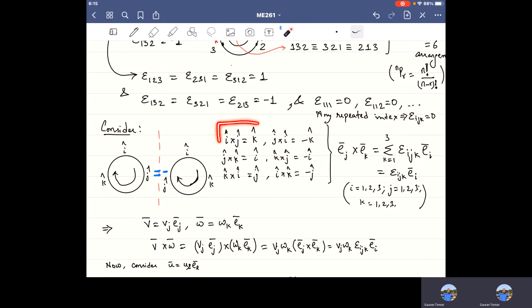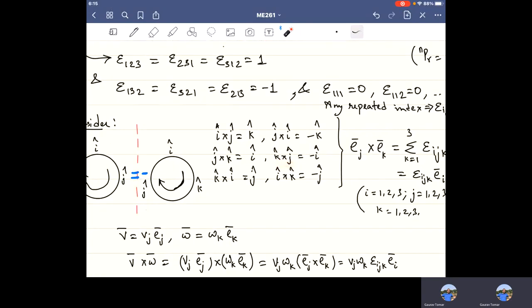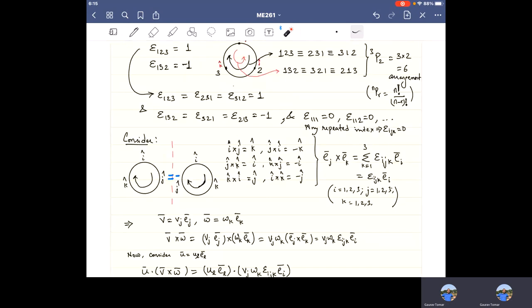So if you say i cross j is k cap, then you will say i cross k is minus j cap, or j cross i is minus k cap in this place. These are simple cross products that we already are aware of. j cross k cap is i cap, and k cross j cap is minus i cap. So these are the values that you get when you're taking cross products.